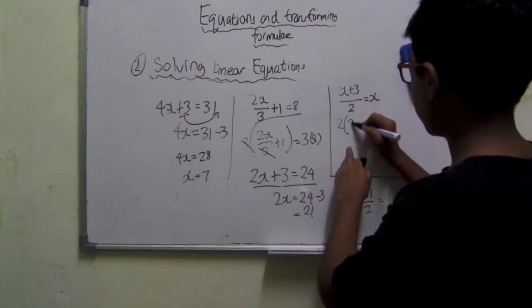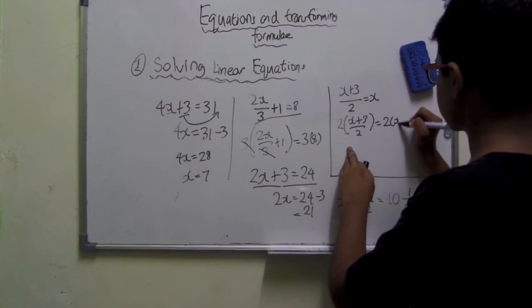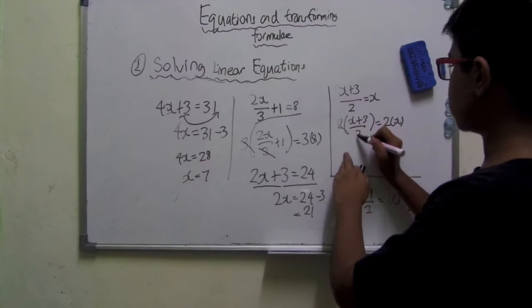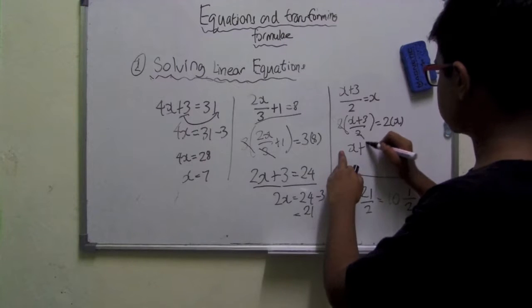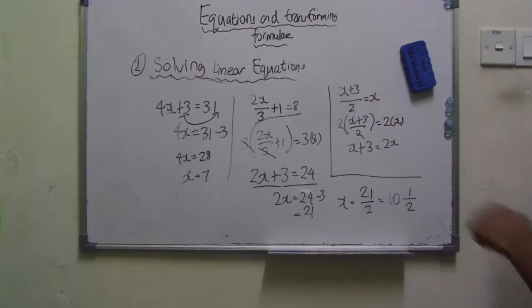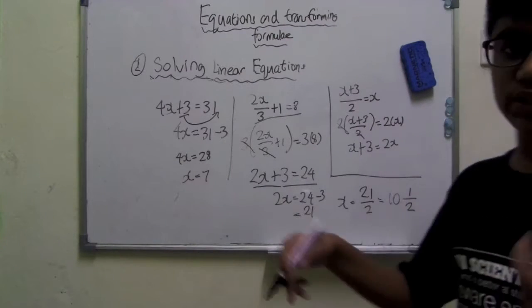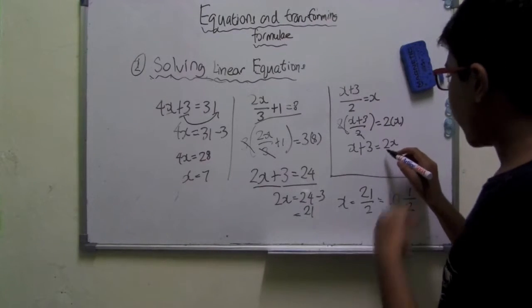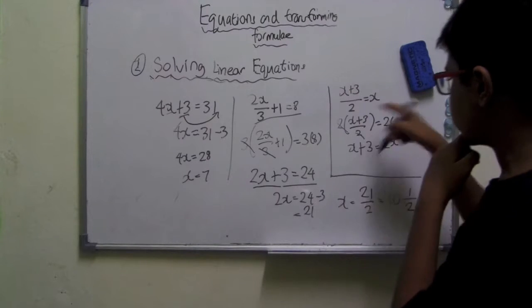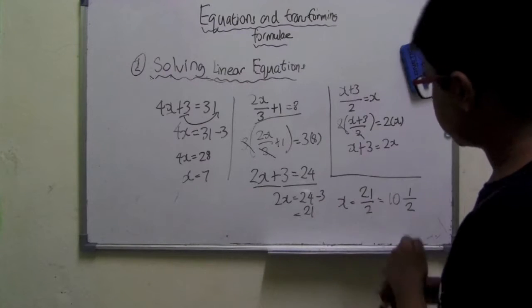So 2x over 3 over 2 equals 2x. So the 2 and the 2 cancel out, giving us x plus 3, and 2 and the x multiply to form 2x. Like I said before, bring all the like terms to one side. So I'm going to keep the x variables on the left hand side and the numbers on the right hand side. Let's do that.